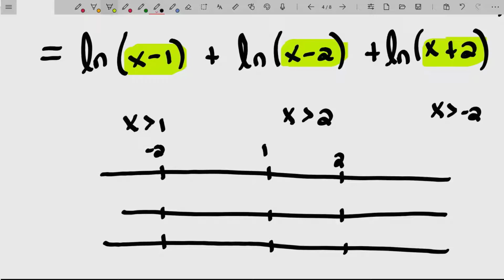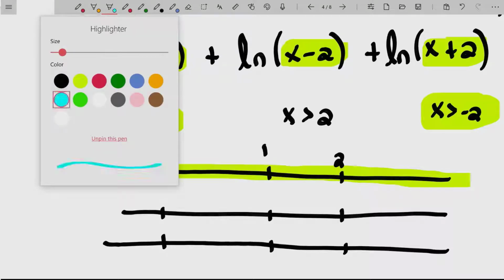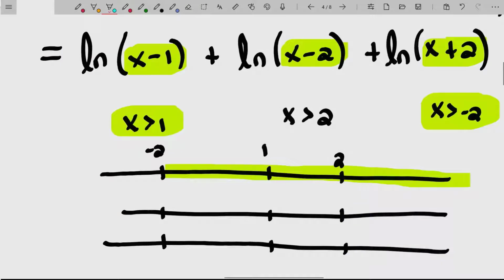So from this condition over on the far right, we're told we want x to be greater than -2. But simultaneously, from this condition right here, we also need, and let me use a different highlighter actually, we also need x to be greater than 1. Simultaneously, we need both those conditions to be simultaneously true.